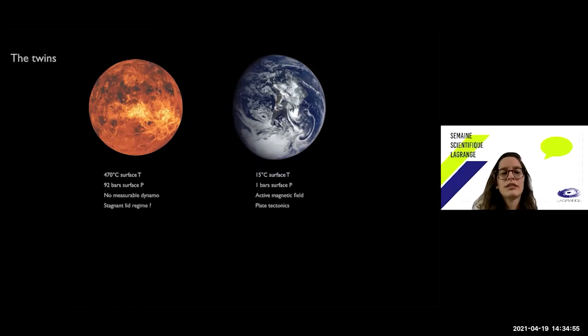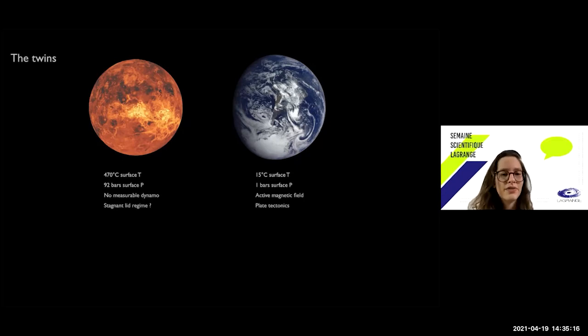We do not see this on Venus. Although Venus has tectonism, with faults, folds, and mountains that show there is some tectonism, there's no plate tectonics, and we are not quite sure how this planet loses its heat.